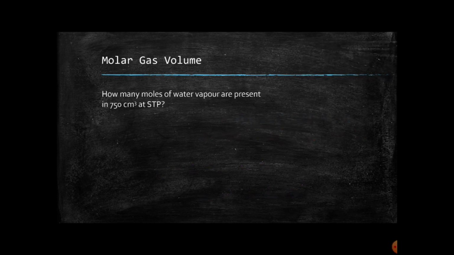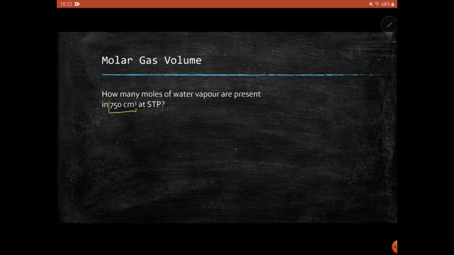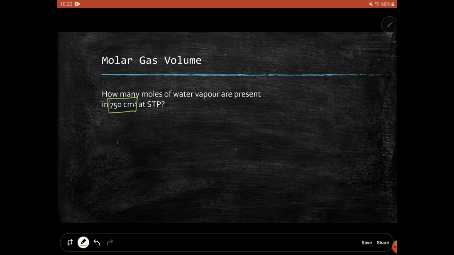For this example, we should find a number of moles of water vapor that are present in 750 centimeters cubed at STP. The first thing to note is that the units given for volume is centimeter cubed. Our statement, however, will give us the unit dm cubed.